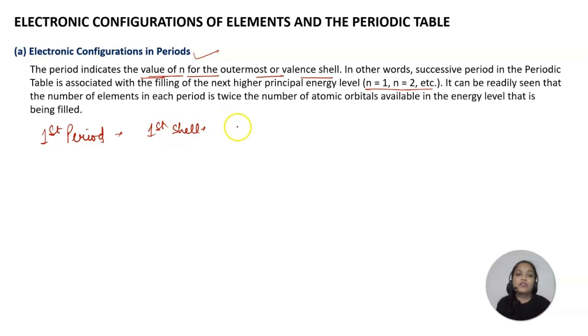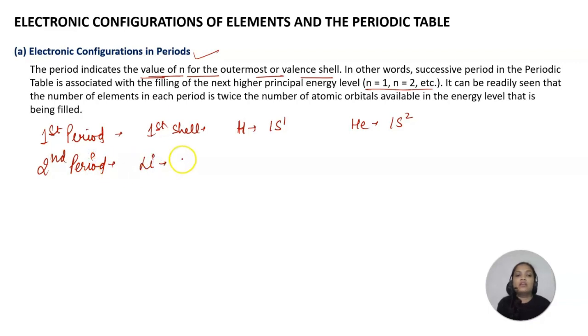How to write the electronic configuration? For hydrogen it is 1s1, and for helium it is 1s2. So 1s is filled, the first shell is completely filled. Now the second shell will start to get filled, so the element will move to the second period starting from lithium.